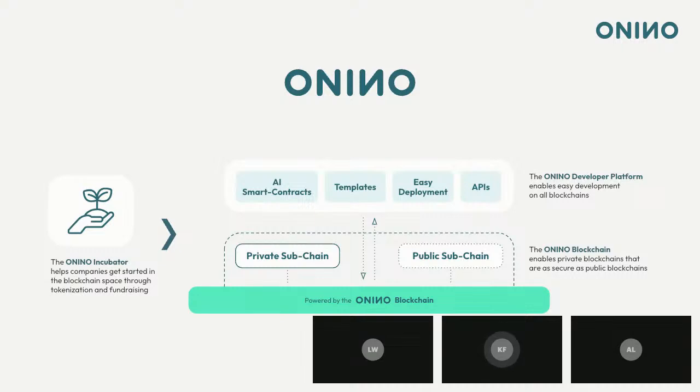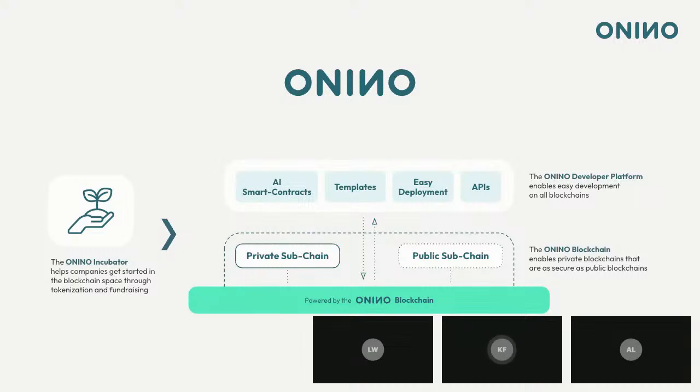For example, say you have a German bank that can't build on a public infrastructure due to regulatory reasons. They could just set their subchain to private and still benefit from having the consensus algorithm anchored in the global main chain. So basically, it's the Onino main chain, and around that, subchain frameworks that allow everybody to easily create their own customized blockchains.